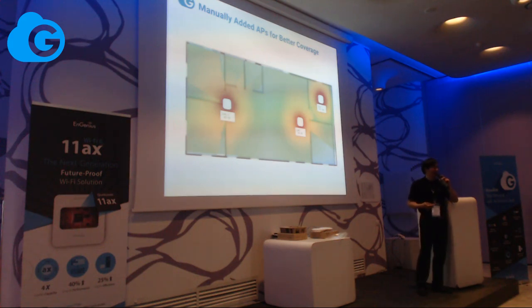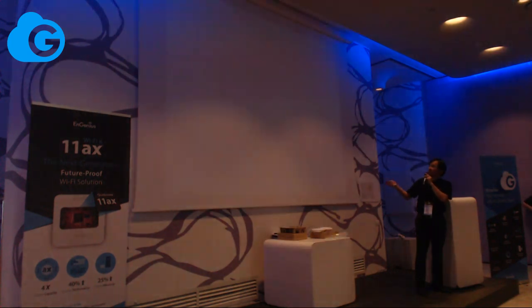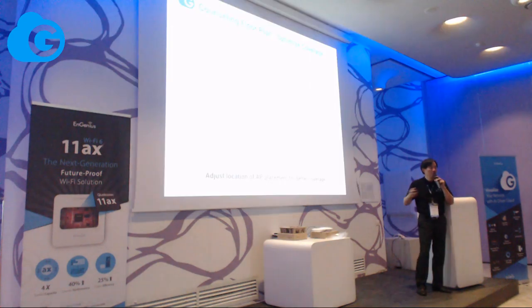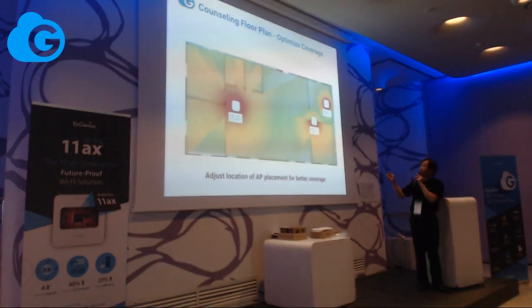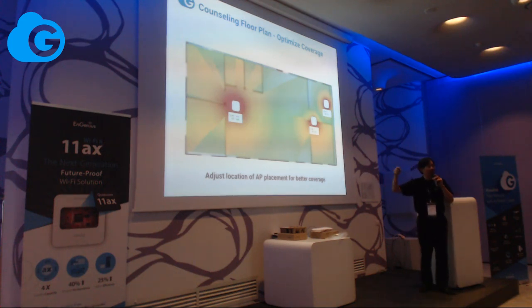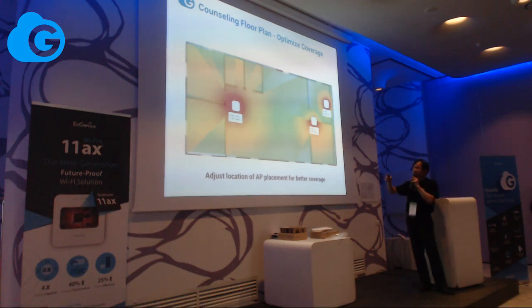In EnGenius Cloud, we can advise you, which we call the constantly floor plan. We will advise you that for those three devices, it's better you put them like this, and then you see if you want to change or not. At least it already calculates and lets you know which position is better for your current existing devices.